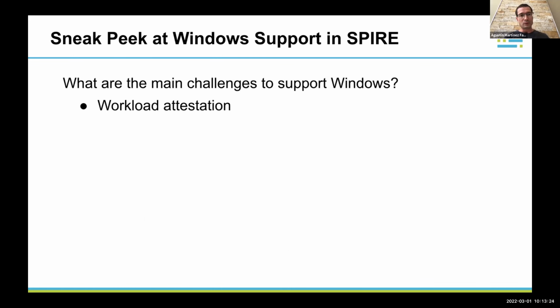So let's talk a little bit about what are the main challenges that we are having in this support. So you may wonder why we didn't add Windows support earlier, considering that since SPIRE is written in Go, it should be pretty straightforward to just build SPIRE on Windows, and that's it.